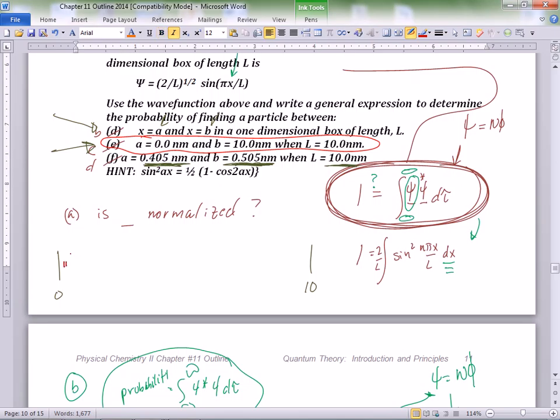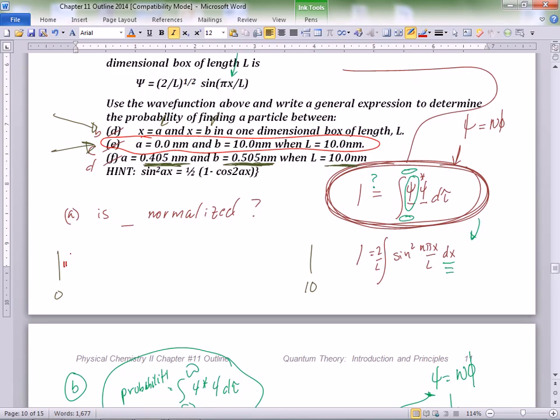Move it to the left. What's the probability of it being in here? Yeah. See that length? 0.405 and 0.505. The probability is going to be, I guess, 5 times 0.01. That's 1%. 0.01 is 1%. Yeah, I would say 0.01.